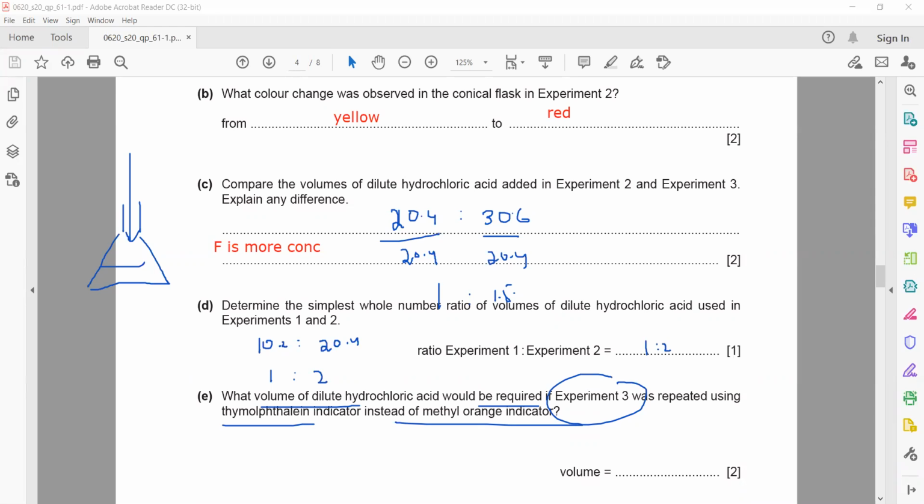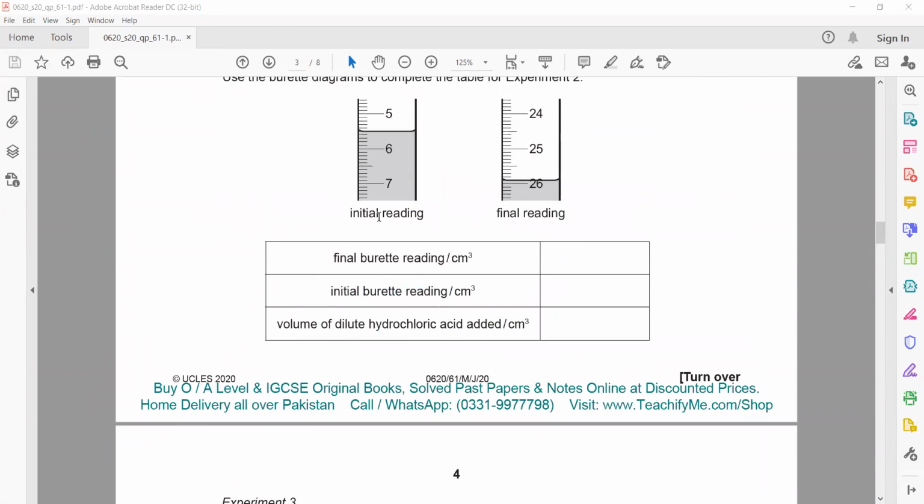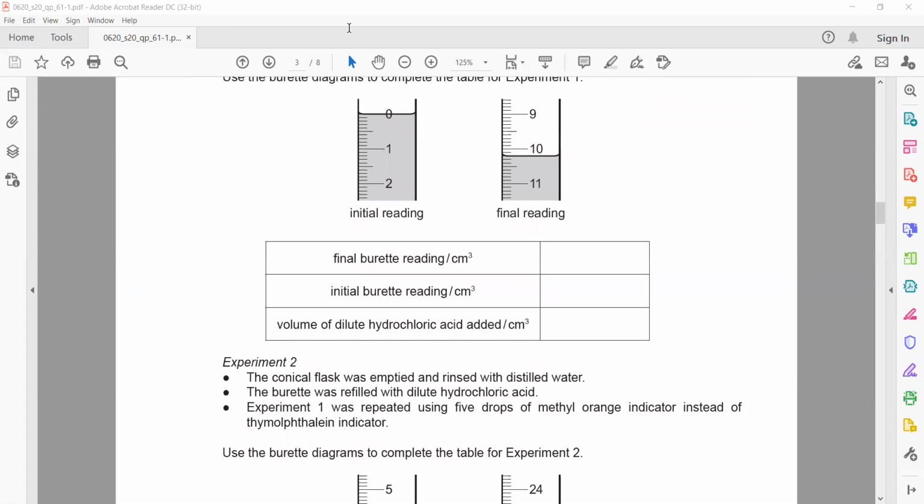You have to use a ratio. When we first used it, this was 10.2.